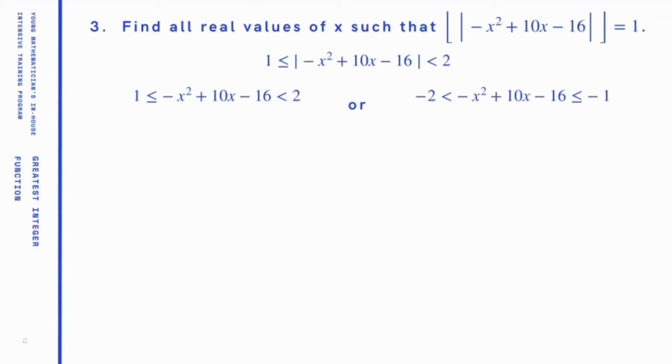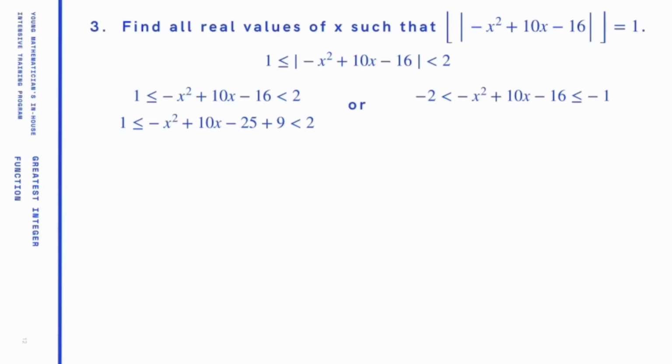Now what we have are quadratic expressions. We can either solve this through graphing or through table of signs, or like this. Negative x squared plus 10x minus 16, we can complete the square. Negative x squared plus 10x minus 25 plus 9 such that negative 25 plus 9 is still negative 16.